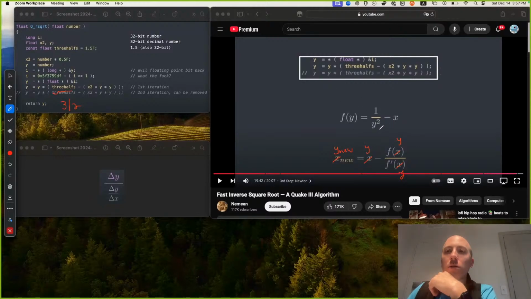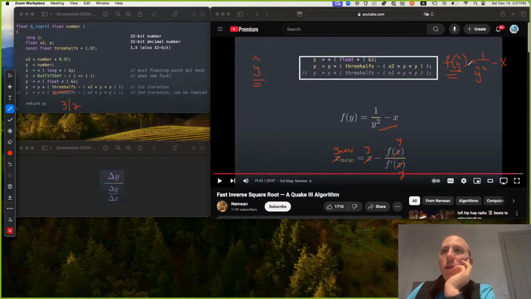So let's compute the derivative. We have y in hand, our y hat value, and we can compute f of y. f of y hat is just equal to 1 over y hat squared minus x.